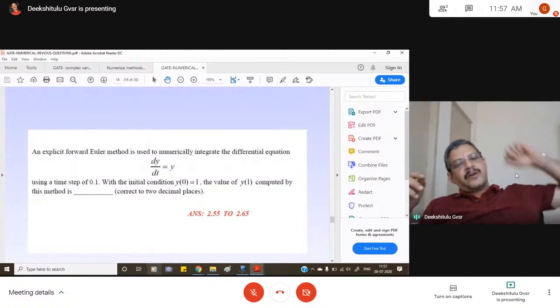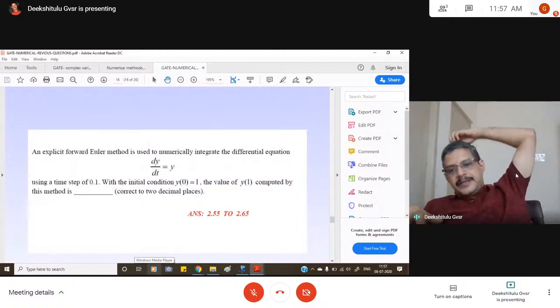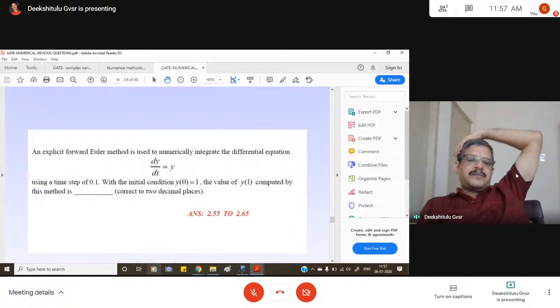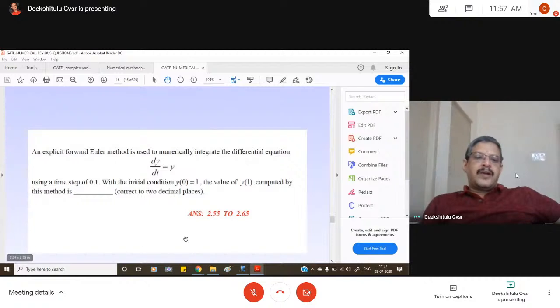An explicit forward Euler method is used to numerically integrate the differential equation with a step length of 0.1. The initial condition is y at 0 is 1. What is the value of y at 1 computed by this method, correct to decimal places? See, your job is here now. What is given to you? y at 0. He is asking y at 1. It takes a minimum of 5 minutes. y at 1 means, what is the step length? 0.1.